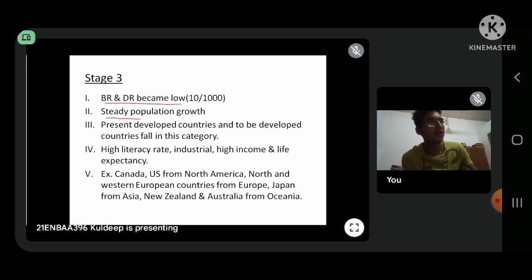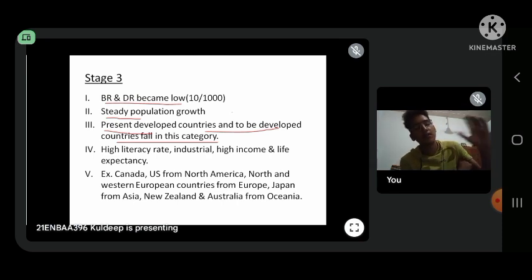Present developed and soon-to-be developed countries fall in this category. Developed countries like America, the UK, and countries like that fall under this category. Countries which are going to develop in the next few years or next two decades also come under this.